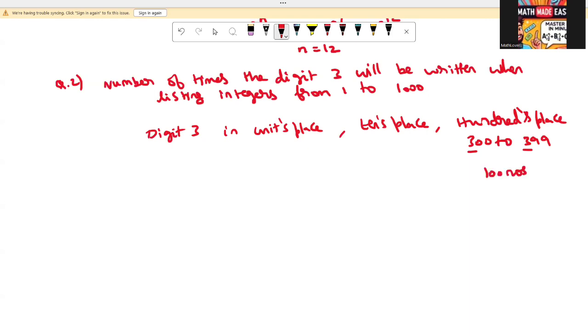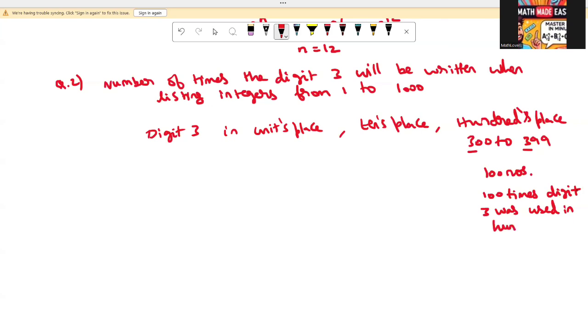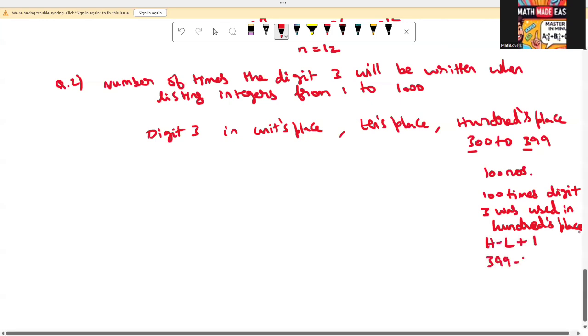That means 100 times digit 3 was used in hundreds place. So how did I calculate 100? I have told you, when you count consecutive numbers, we have to do high minus low plus 1. High is 399, low is 300. So 399 minus 300 plus 1. So 99 plus 1, that gives us 100.